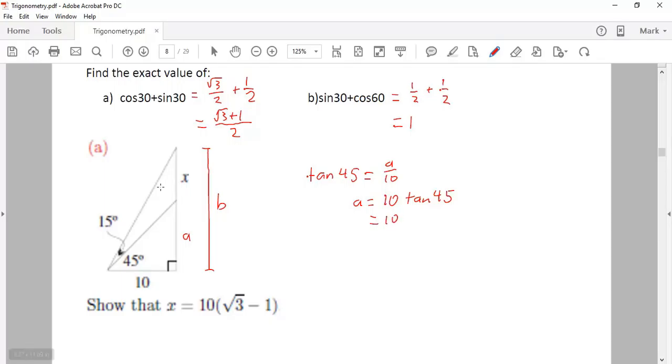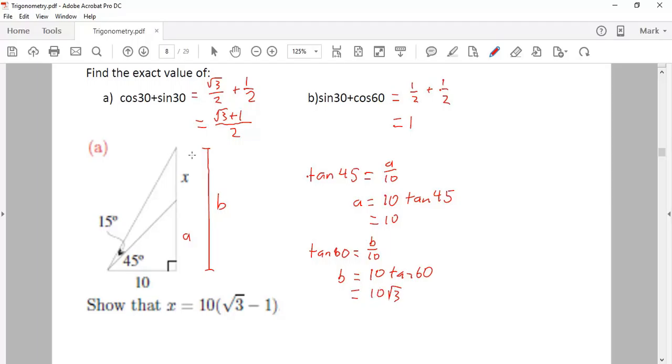If we look at the big triangle now, if you add the angles together, it's 60. So tan 60 equals b over 10, and b equals 10 tan 60. We know tan 60 is root 3, so it's just 10 root 3.